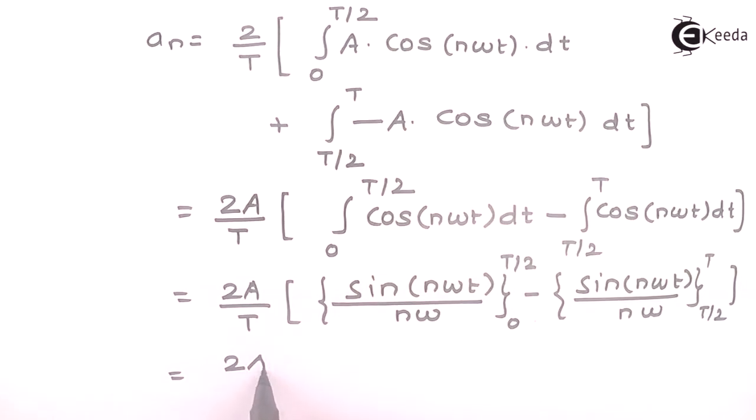So it is 2A upon T into n omega, inside a bracket.